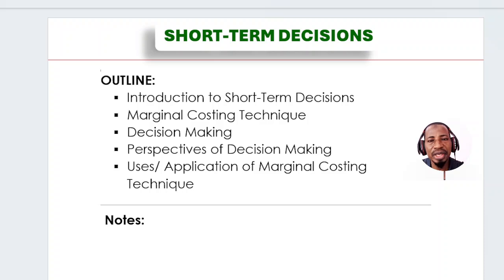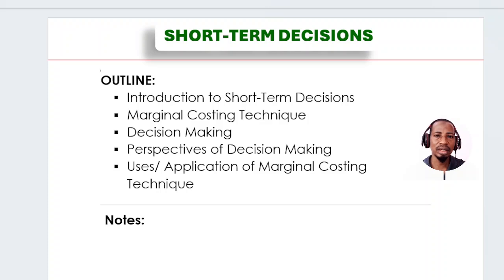Any cost that will be incurred purposely as a result of the decision that is to be made is what is known as relevant cost. So under short-term decisions, the marginal costing concept and relevant costing principle will be used together to analyze the course of action in order to make a decision.